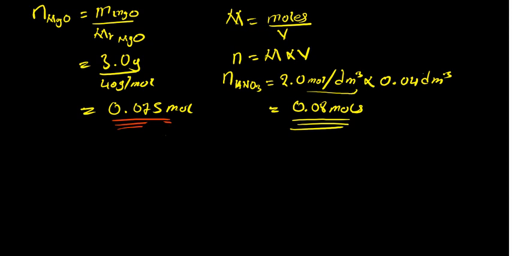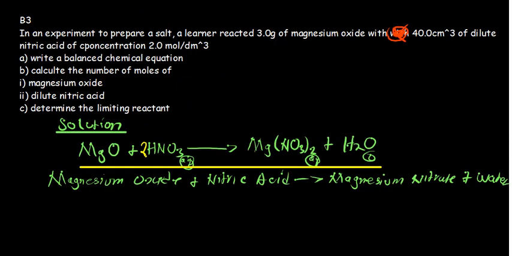So when we look at the mole ratios, we should keep in mind that the moles of A divided by its coefficient is equal to the number of moles of B divided by 1 here. What do I mean by A and B? A is magnesium oxide, and B is nitric acid. So in this case, what we have is this.